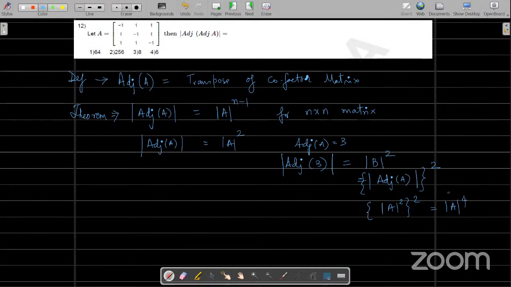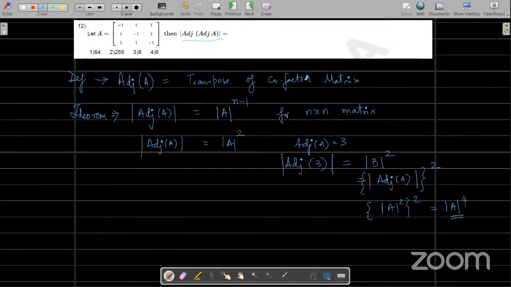Okay. So I have expressed the required expression, the determinant of adjoint of adjoint of A, in terms of the determinant of A. So if I calculate the determinant of A, a number, then I can simply raise it to the power 4 and I will get the answer.